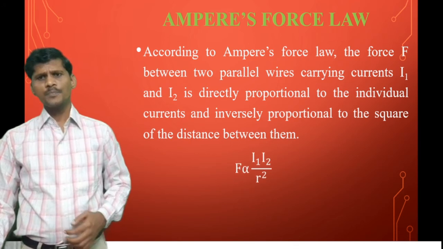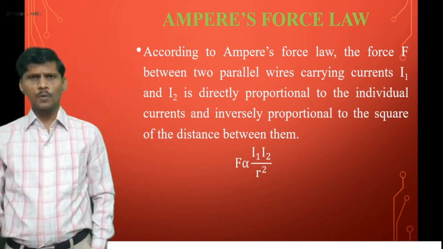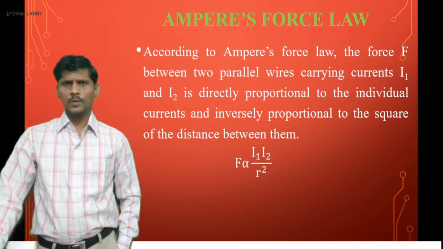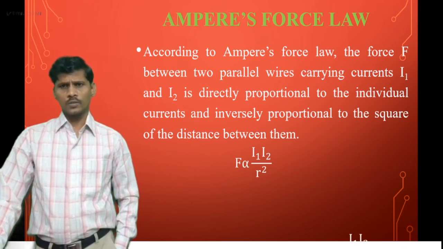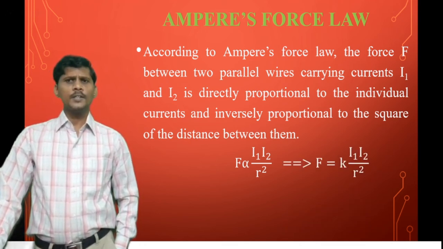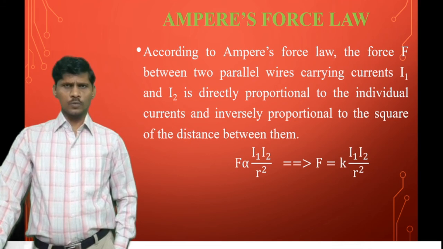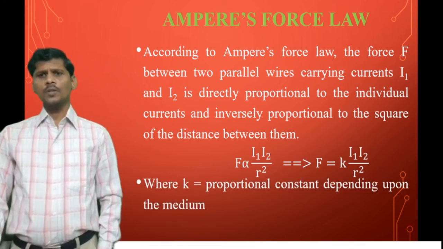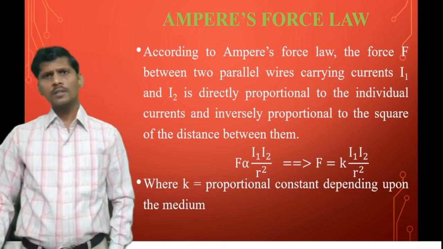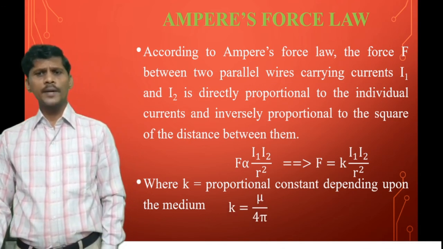So F is directly proportional to I1 I2 by R square, that is F equal to K into I1 I2 by R square, where K is the proportionality constant. The proportionality constant K is equal to mu by 4 pi.